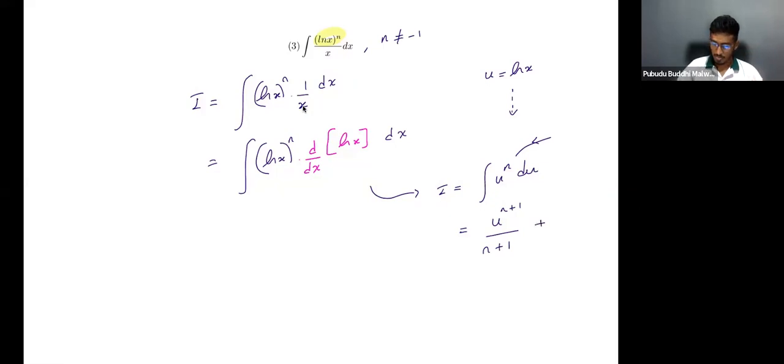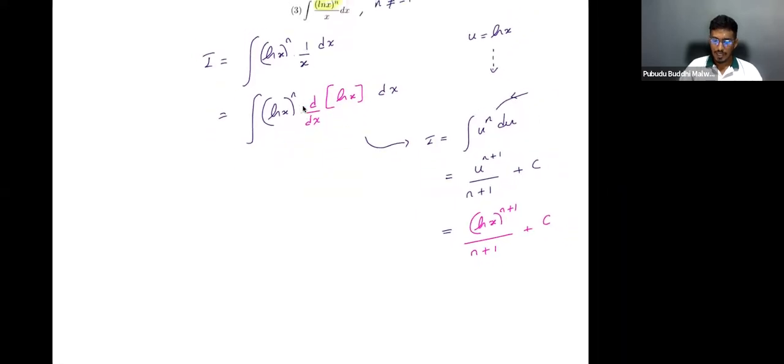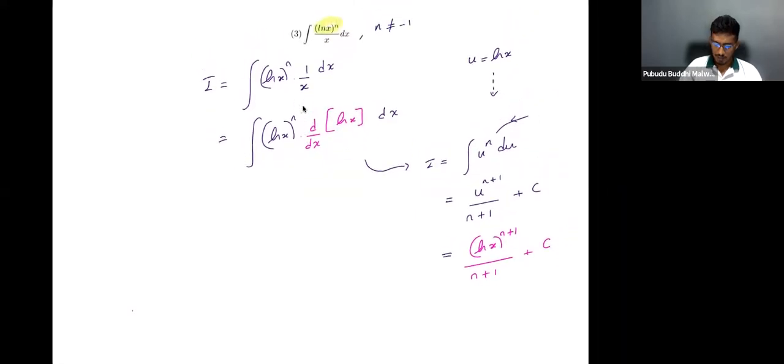Plus c. Then we can replace that our original variable, natural log of x to the power of n plus 1 over n plus 1 plus c. That's the final answer.